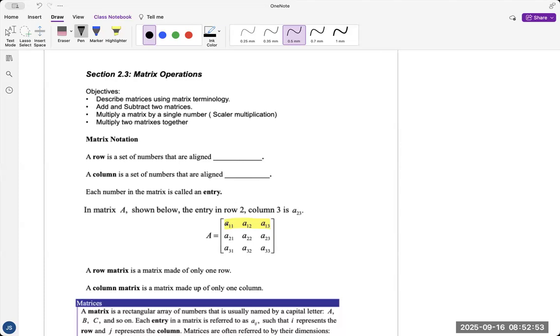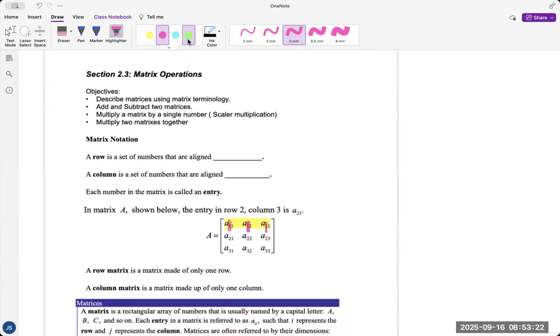This is called row 1, and the first number that's a subscript here, let me highlight that in pink. This first number is showing you the row that each one is in. So this is all row number 1, and we look at the second row.